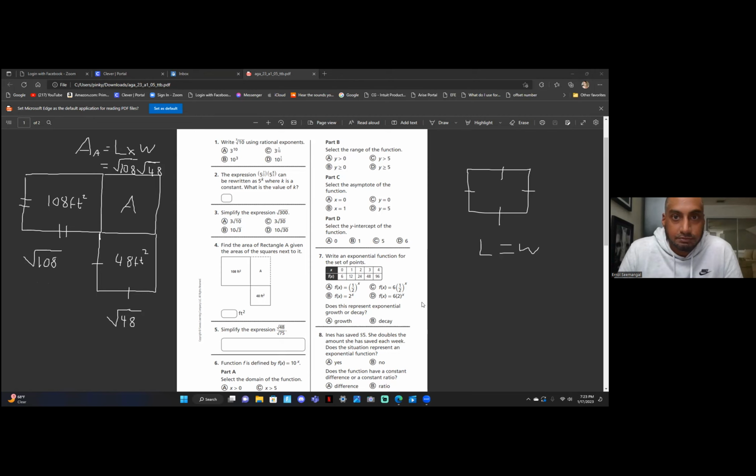So for number 4, we're gonna leave it in radical form. Area of A equals root 108 times root 48. What's the biggest perfect square that goes into 108? What's the biggest perfect square that goes into 48?